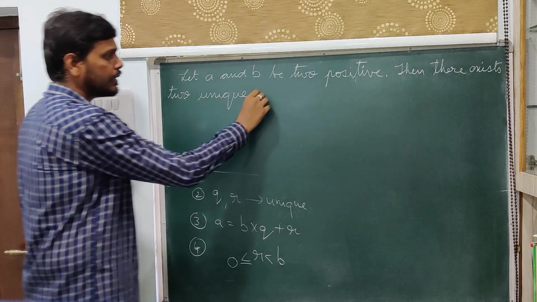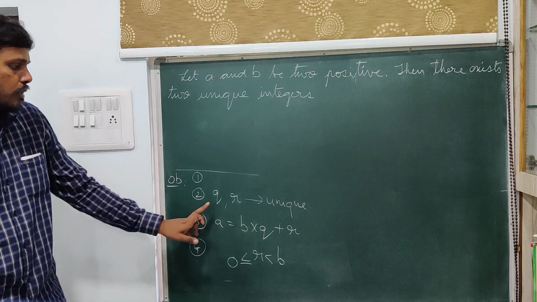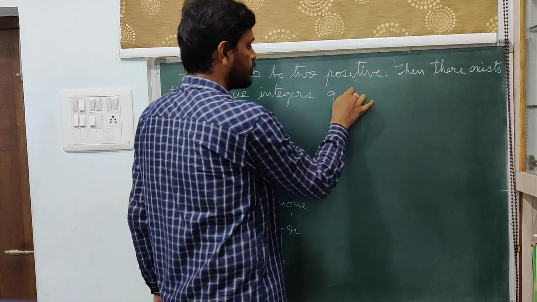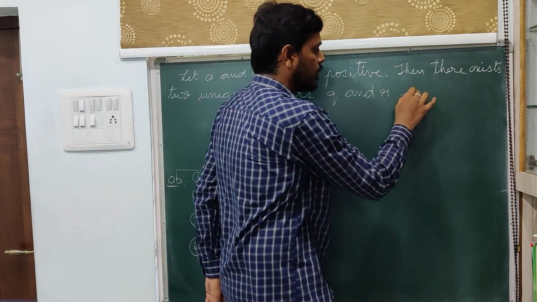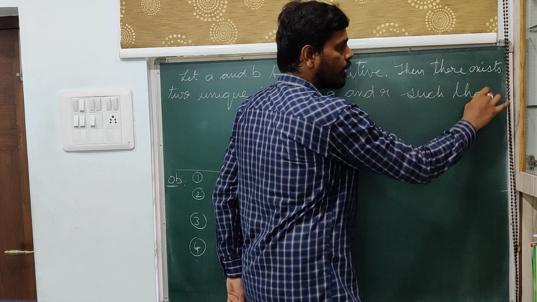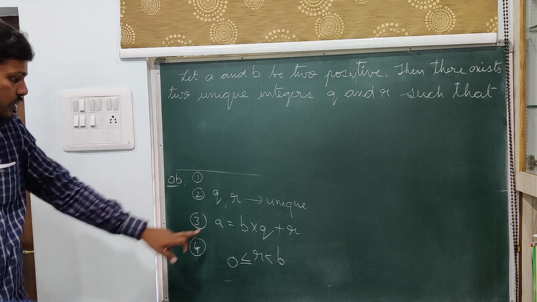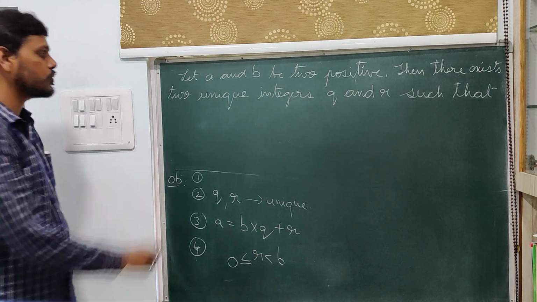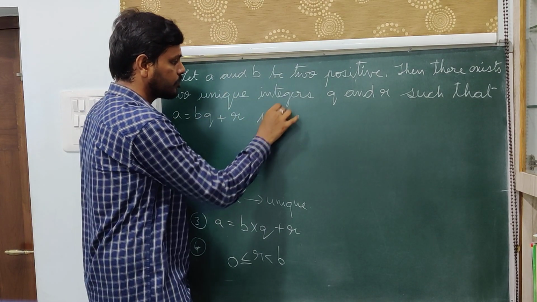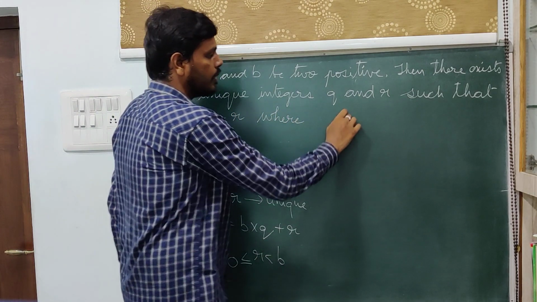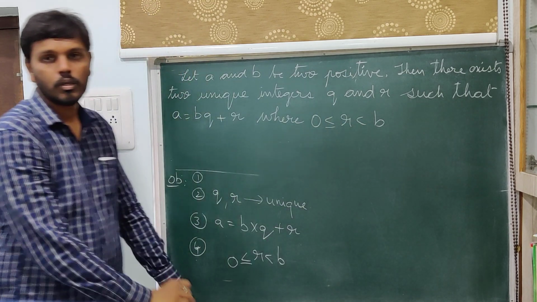Then there exist two unique integers q and r such that you are able to write one positive integer in terms of another positive integer using both of them, which is a is equal to bq plus r, where r is less than b and it goes lesser and lesser until it reaches 0. So that is the case.